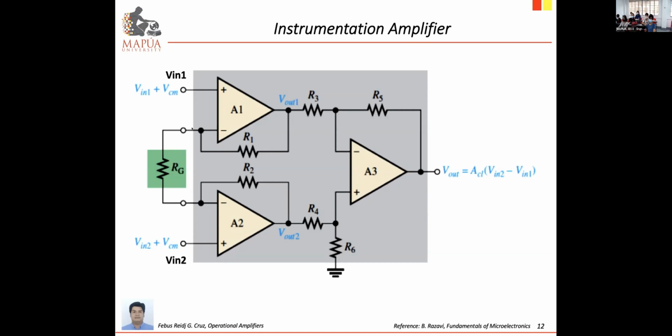Since you have another stage, amplifier 3, if ever there are still some noise, they will still be removed using the second level amplifier. So therefore we can use the instrumentation amplifier for very, very small signal applications, such as in biomedical electronics. As we mentioned before, if you use a biosensor, from that sensor you can only acquire microvolts or sometimes even nanovolts. So to remove any unwanted signal, you can use the instrumentation amplifier.